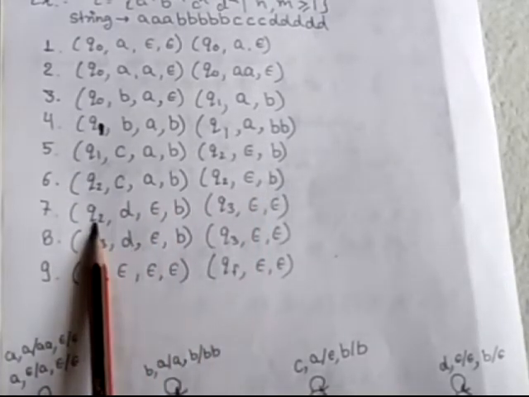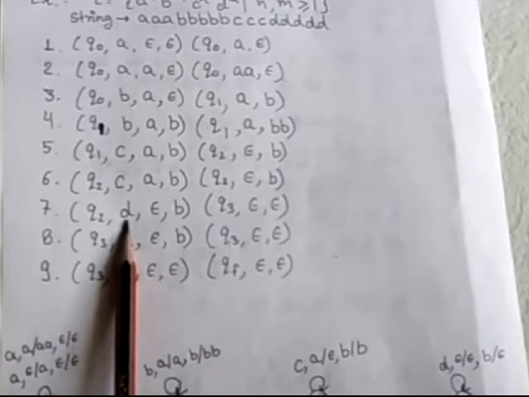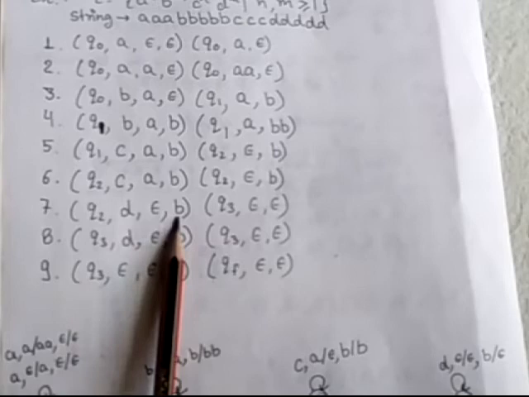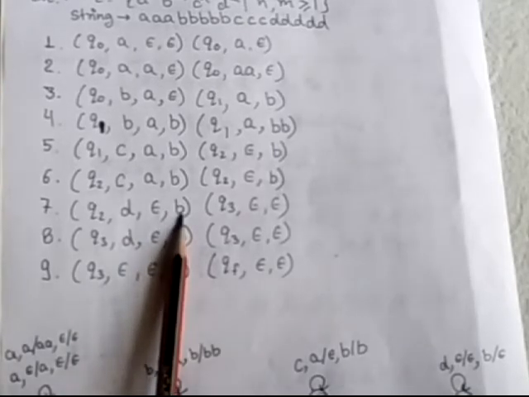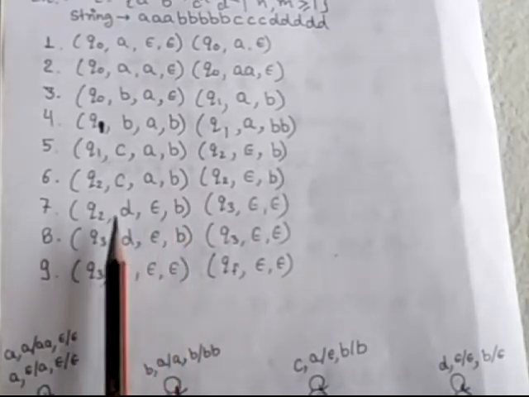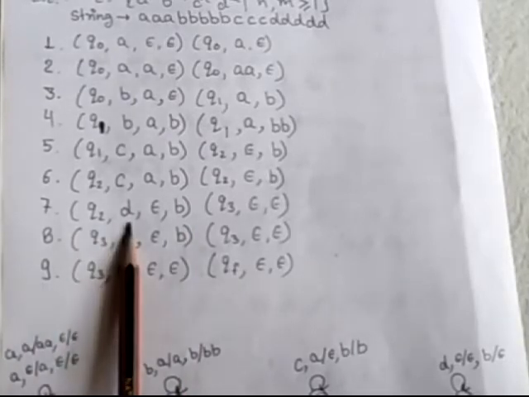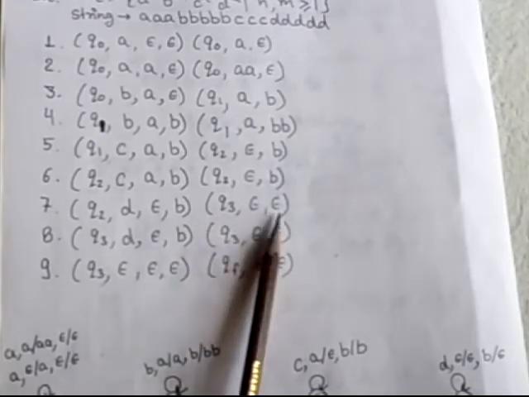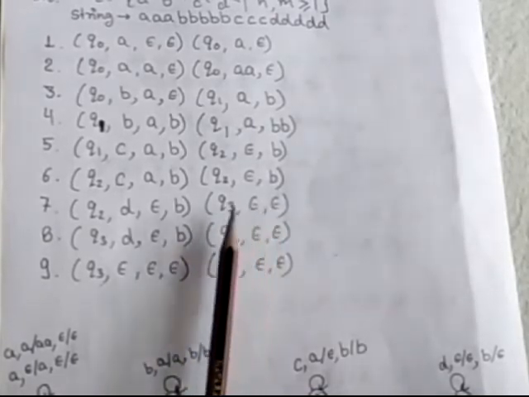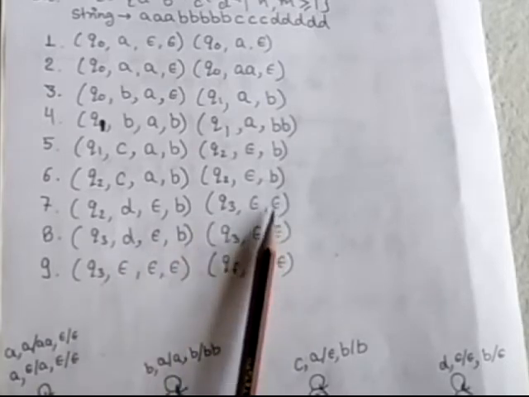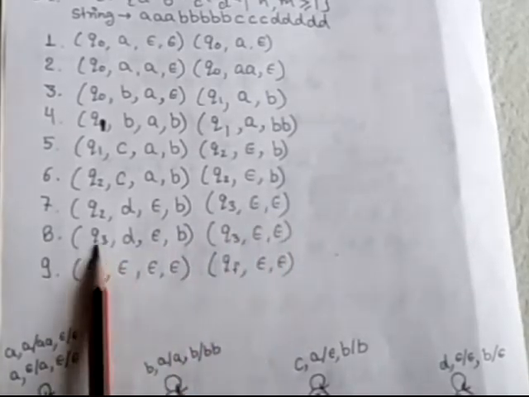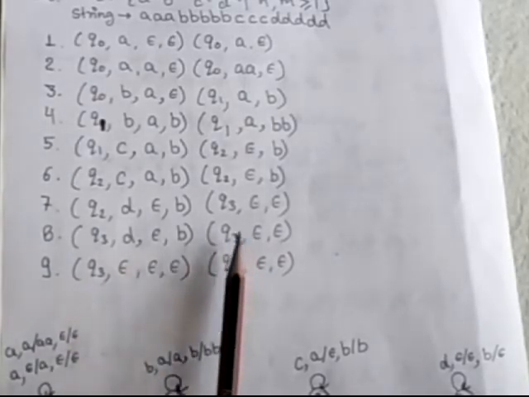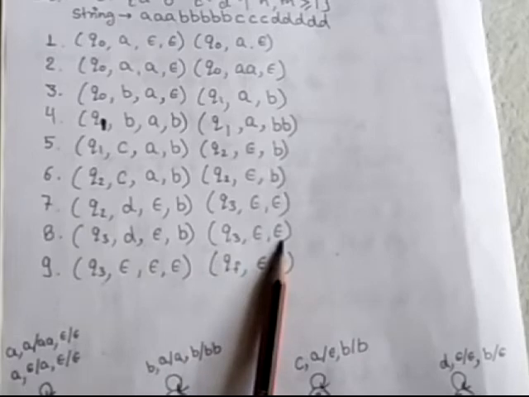Now at Q2, we read D. Stack 1 has become empty. Top of stack 2 is B. Now we start popping stack 2 also. At Q2, we read D, go to Q3 and pop stack 2. At Q3, we read D. Top of the stack is B. We remain in the same state and pop the stack.